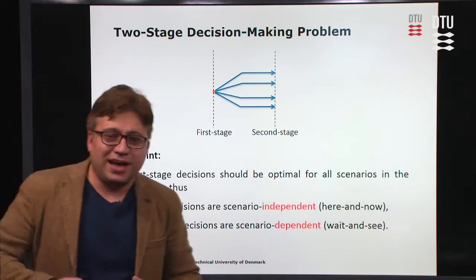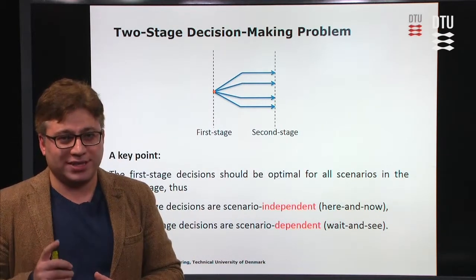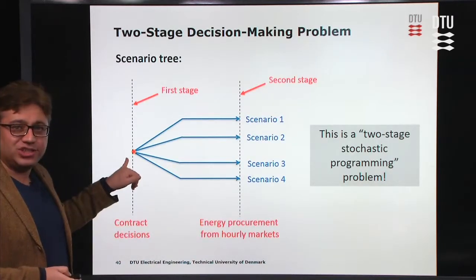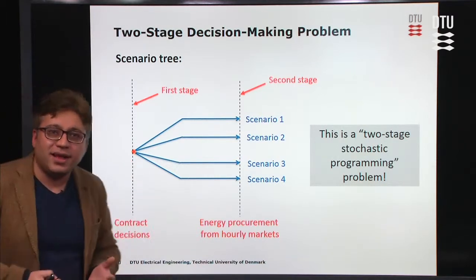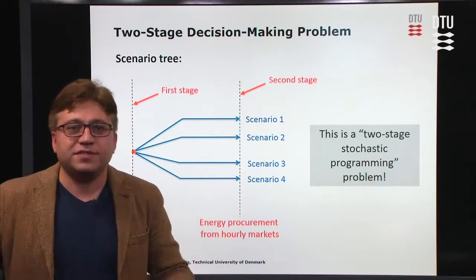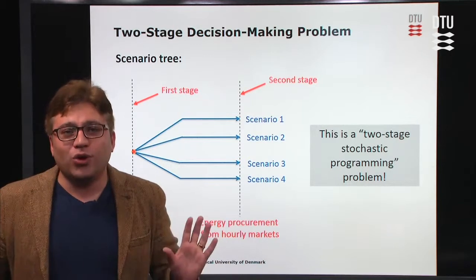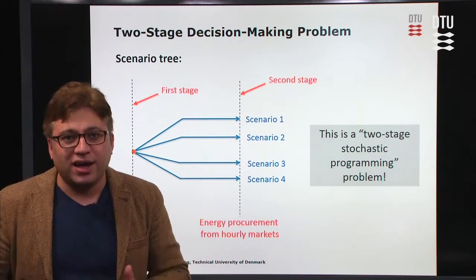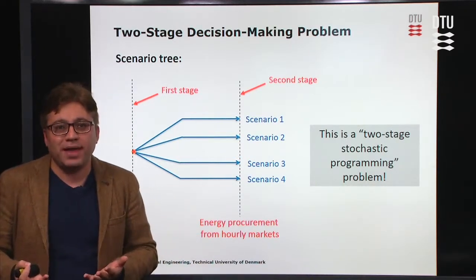So this is my last slide. The key point is to remember that whatever decision I make here is scenario independent. It means that I cannot say, if scenario 1 happens, I buy contract 1, and if scenario 2 happens, I buy contract 2. No. While you don't know which uncertainty happens, you have to make your decision on contracts. This is why I call it scenario independent.